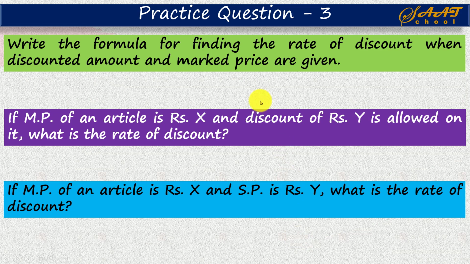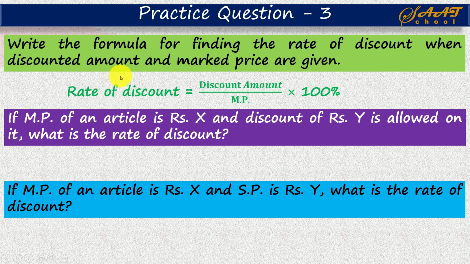Here the first question is to write simply the formula for rate of discount, and here rate of discount is discount amount divided by mark price multiplied by 100. Now here we have to find rate of discount in terms of X and Y. So instead of discount amount we can write Y, and instead of MP we can write X. So that's the difference.